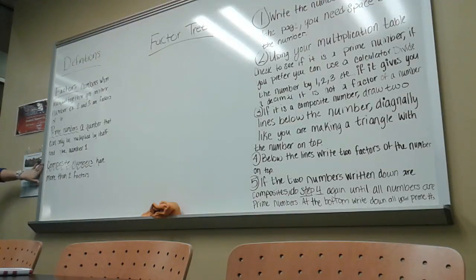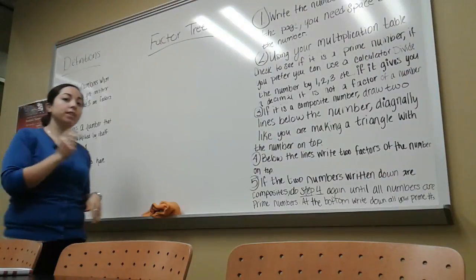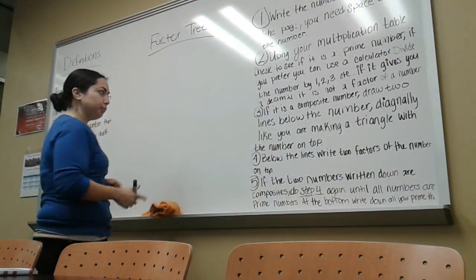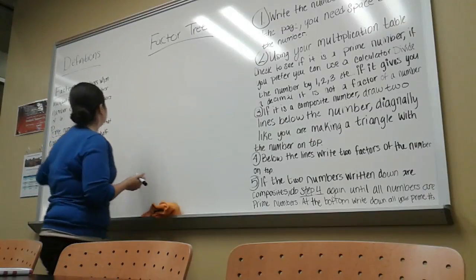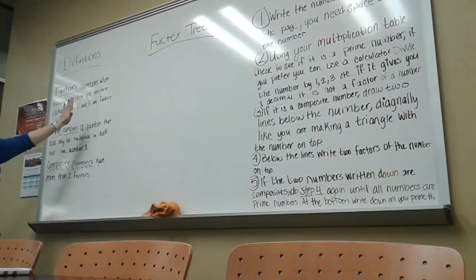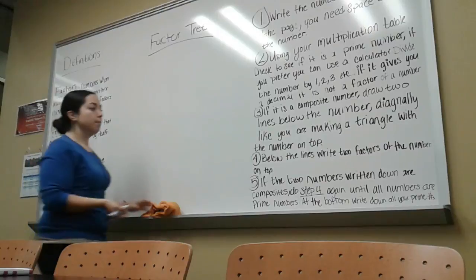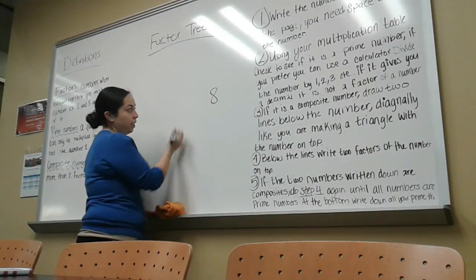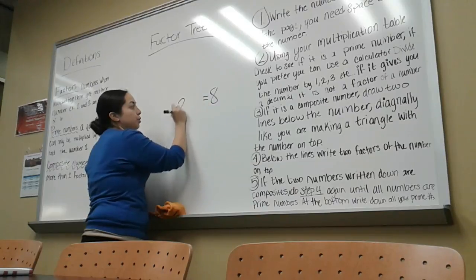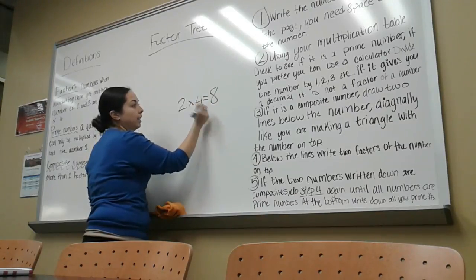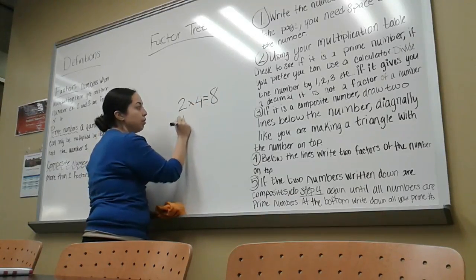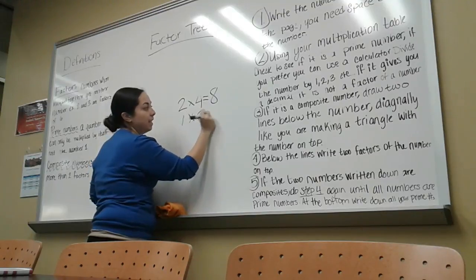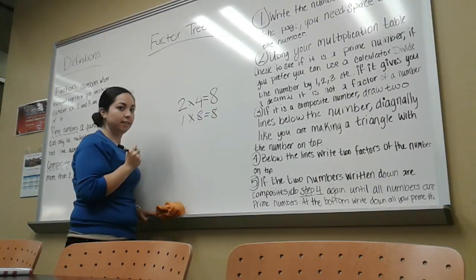So our third definition that we need to know is composite numbers. Composite numbers are any number that has more than 2 factors. So again, factors are numbers that, when multiplied together, get another number. So composite numbers, for example, could be like the number 8. Because 2 times 4 equals 8. But so does 1 times 8 equals 8.